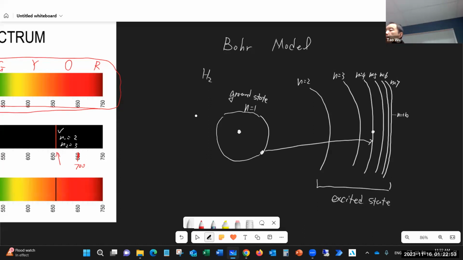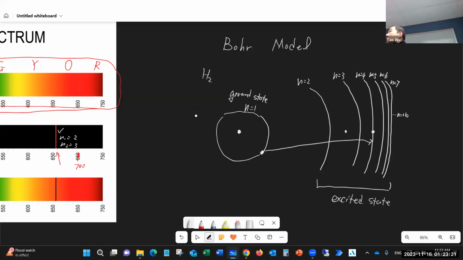When the electron is in the excited state, it has really high energy. The electrons can jump to 2, 3, 4, 5, 6, 7. They cannot jump somewhere in between, because between those levels there's no space they can stand on.